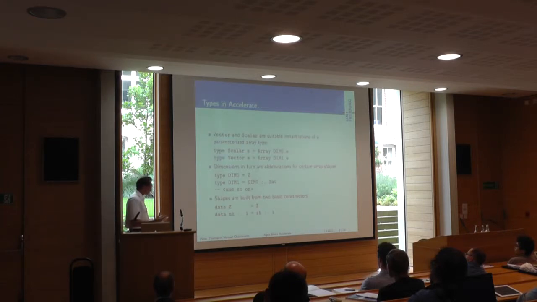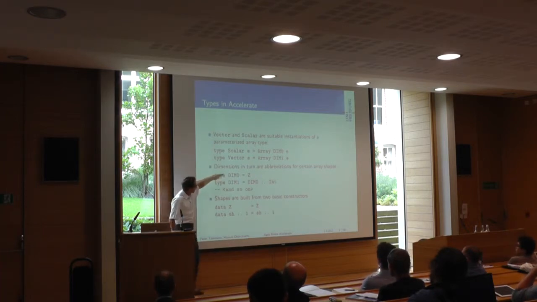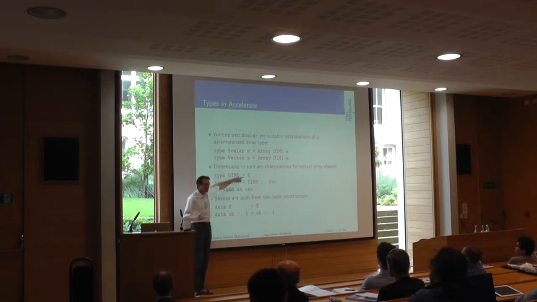So, just to give you a glimpse of what kind of typing is already involved in Accelerate, the vector and scalar types that you saw in the previous slides are just instantiations of a general array type. So scalar is really an array of dimension 0, and the vector is an array of dimension 1, and these are again shorthands for a type-level heterogeneous list notation to denote dimensions.